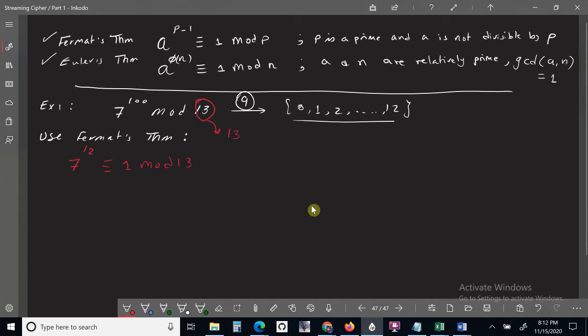Now remember, p, which is 13, is a prime, and 7 is not divisible by p. So this is from Fermat's theorem. Now I need to construct the exponentiation in this form.